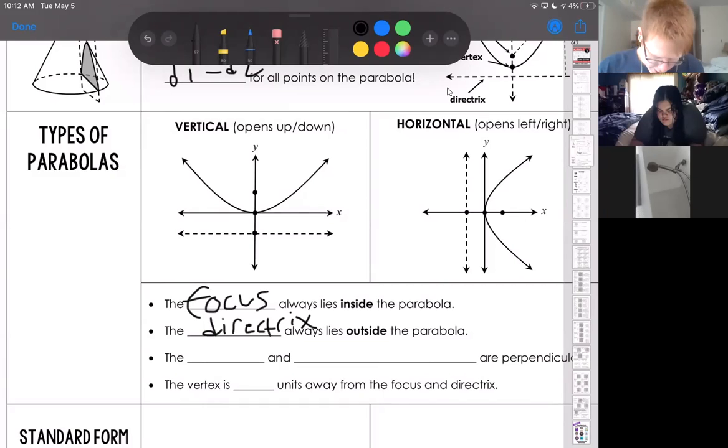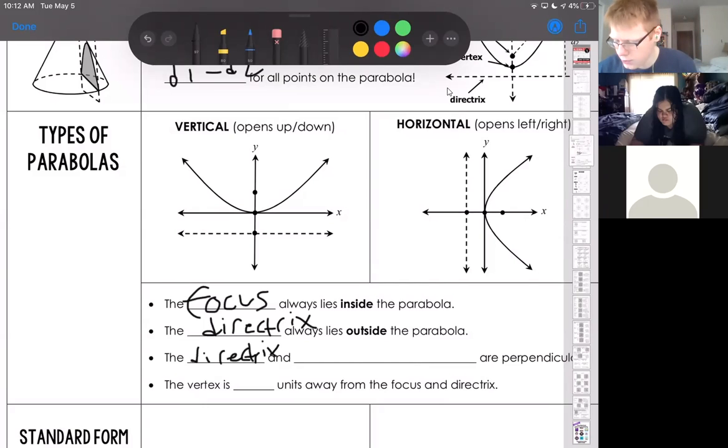The directrix and axis of symmetry are going to be perpendicular. Oh, what am I writing? Sorry, axis of symmetry.